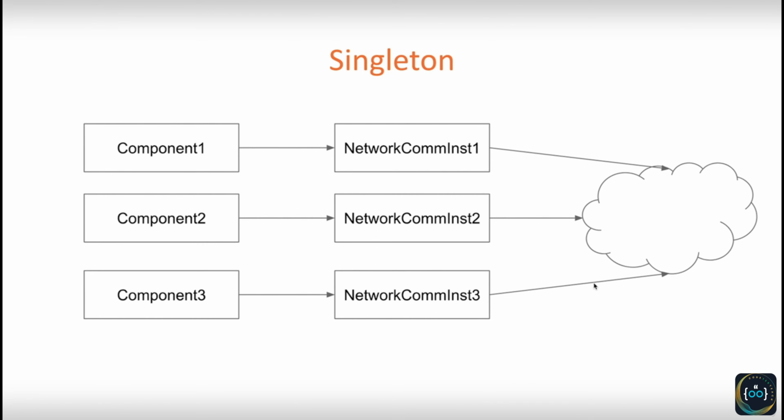Now, there are a few problems with this. So first of all, this is resource inefficient. So you might be on a smaller device that doesn't have enough resources, or you might be on a server where you have a lot of access and you want to conserve your resources. In this case, creating 3 instances that do the same thing is not a very efficient solution.